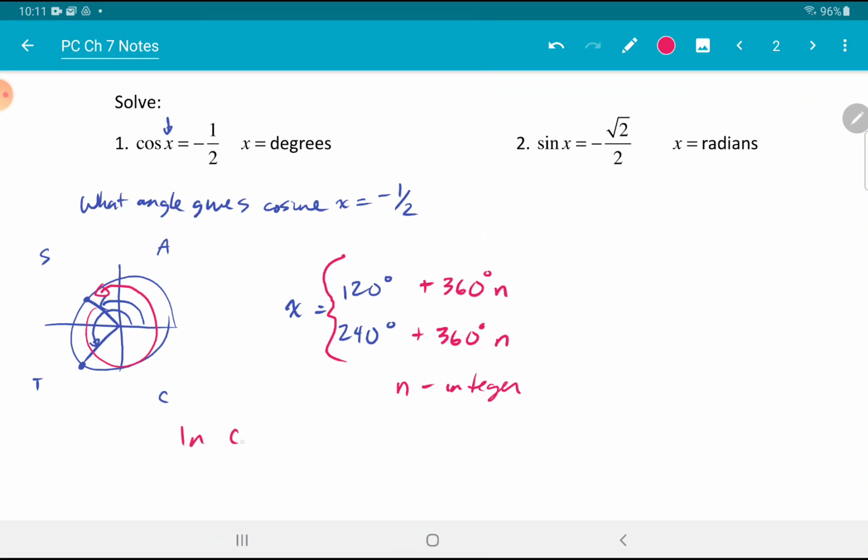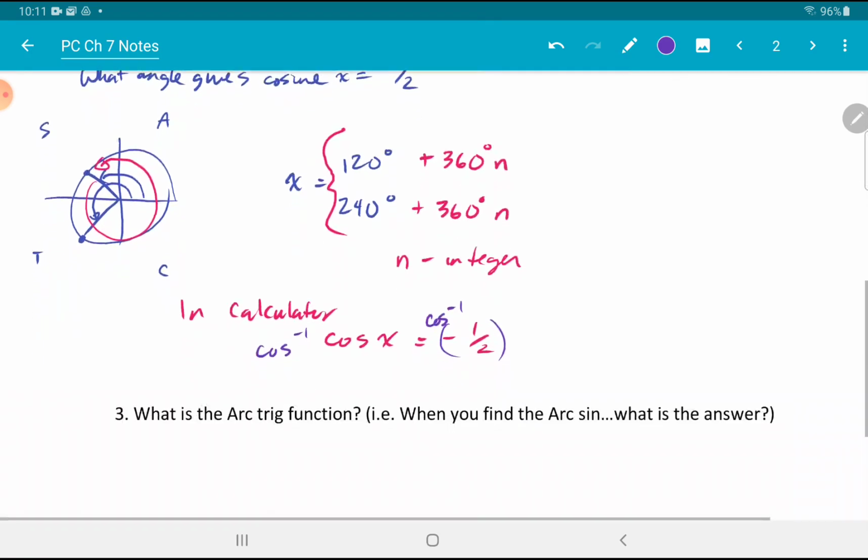But in the calculator, it said that if we wanted to find cosine of x to give us negative half, we had arc cosine or inverse cosine on both sides, simply like this.